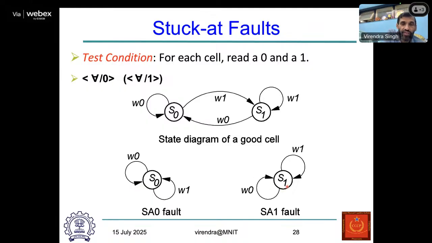So first I write 0 everywhere. All blocks, all cells I will write 0. Now I will come back and read what is written over there, whether it is 0 or not. If I am reading 0, I have written 0 and reading 0.